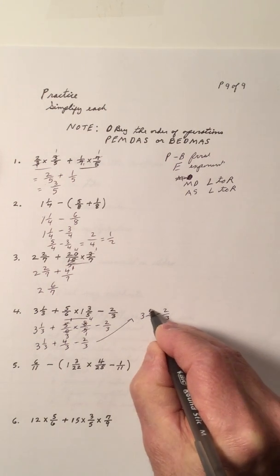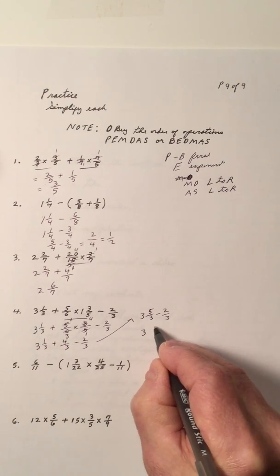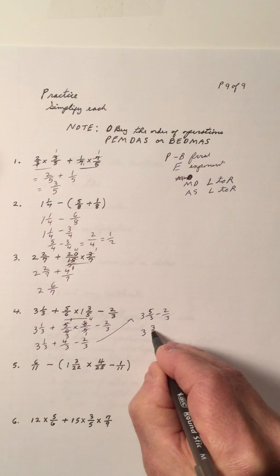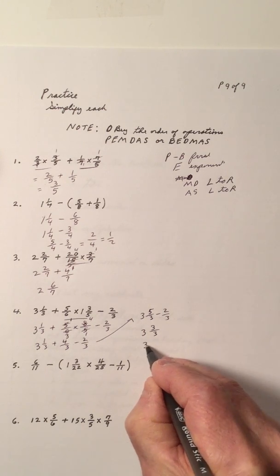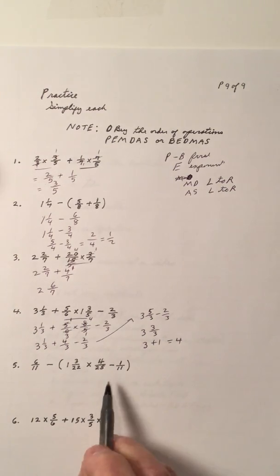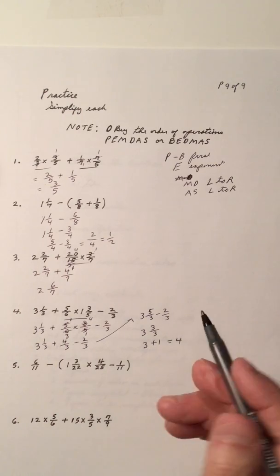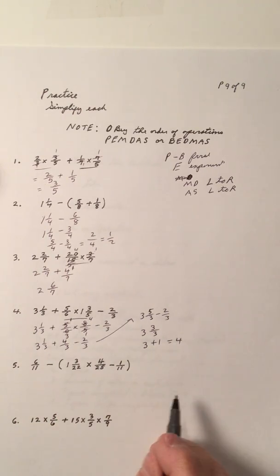Subtract 2 over 3. And when I subtract, I get 3 and 5 subtract 2 is 3 over 3. Common denominator is 3 plus 1. I get a 4. Again, there's 3 in all of these, so I didn't have to get a common denominator, it is already done, so I just add and subtract in order.